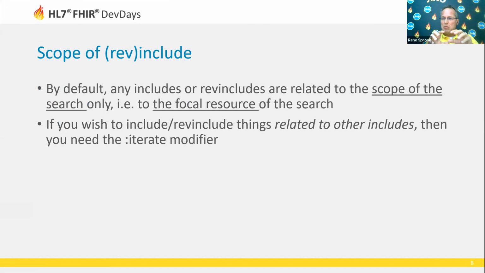But sometimes you may wish to include stuff that's related to stuff that you have included earlier on. So you're sort of building levels of inclusion. Hence this level stuff. That's why we have a special modifier called iterate to basically instruct the server that I'm not just interested in the stuff that's directly related to my focal resource. I'm also interested in stuff that's in turn related to the stuff that I just included.